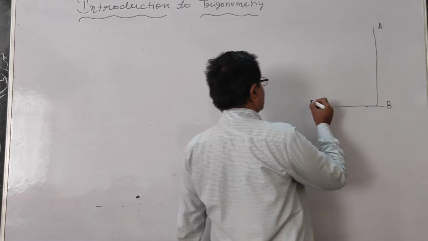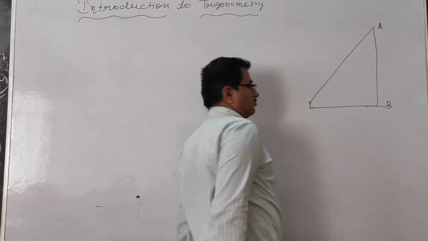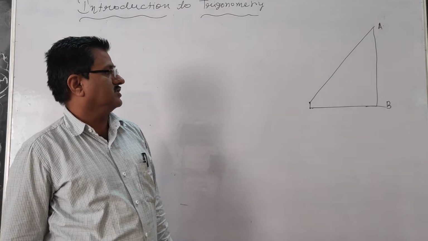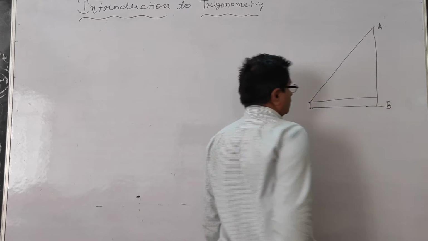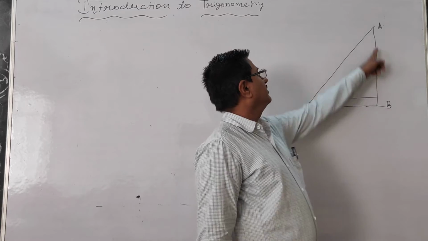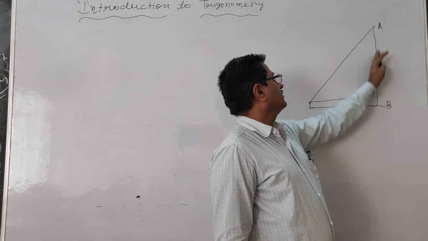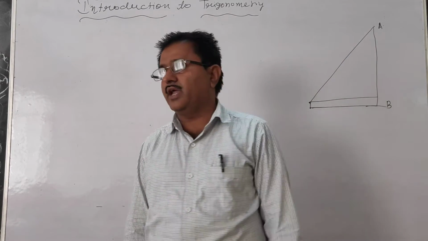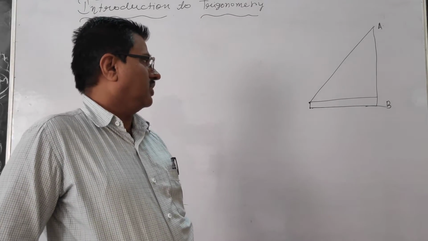Now suppose this student sees the top of the Qutub Minar, and if he or she wishes to find the height of this tower, how can he or she find this height without approaching or traveling to the point A? So we need something extra, with the help of which we can find the height of the Qutub Minar.